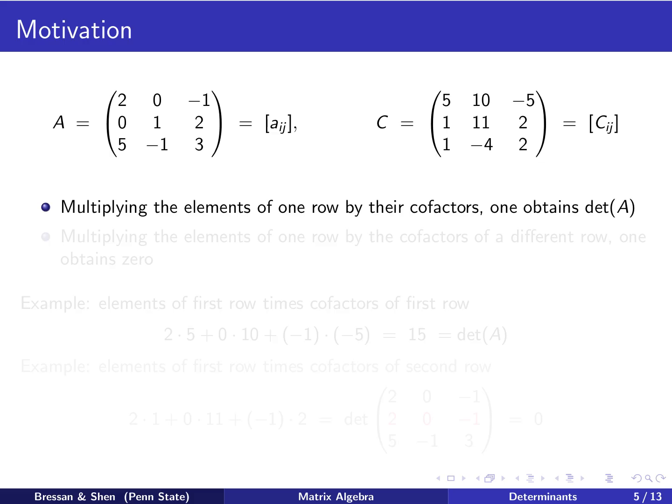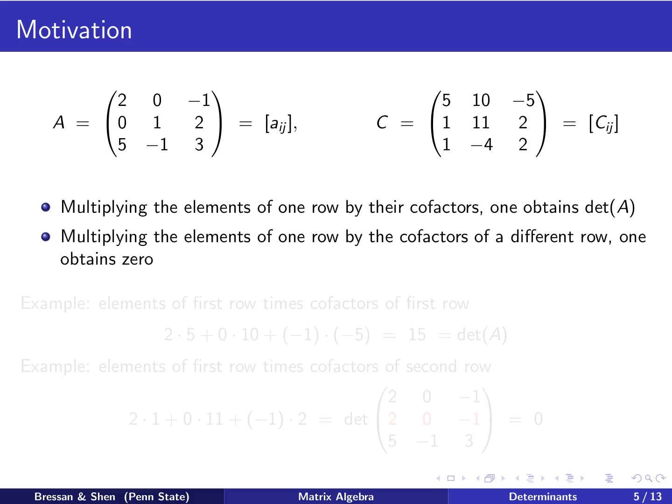If this is C transpose, it will be the first column, but here in C it will be the first row. So that one will give you the determinant, and then this one with these cofactors will also give you the determinant, and this one with the cofactors here will also give you the determinant. So that shows you that on the diagonal of the product A times C transpose, you will have the determinant of A.